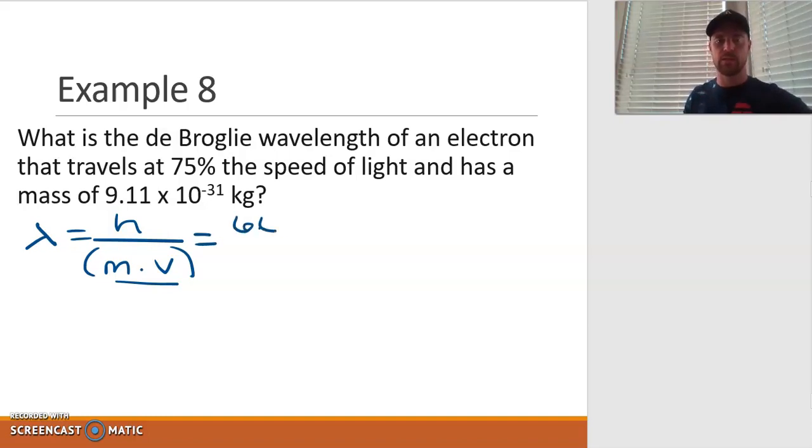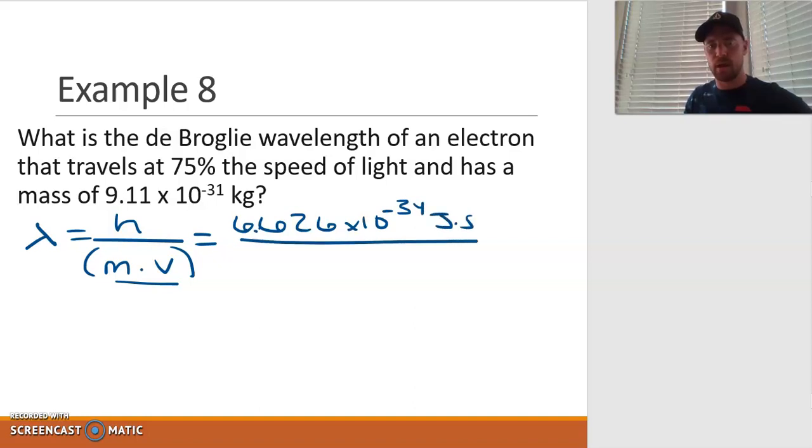We know Planck's constant is 6.626 times 10 to the negative 34th joule seconds divided by the mass of an electron, 9.11 times 10 to the negative 31st kilogram, times the speed of light, 2.998 times 10 to the 8th meters per second.